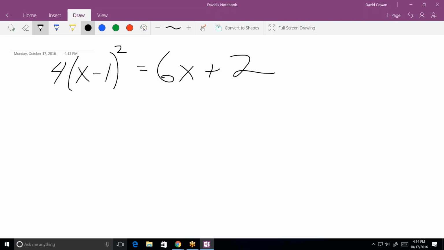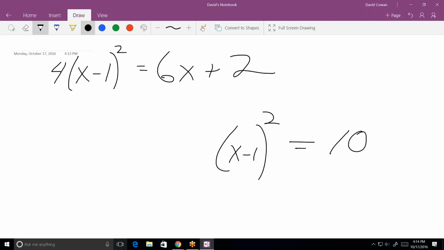Sometimes there is. That isn't always the next step when you see something squared. If I was, just as an example, let's say I had this, my next step would not be to expand that.